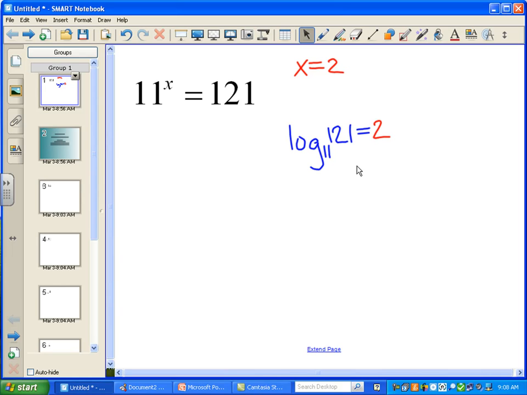And just as a refresher, remember, whenever you see log base something of something else, that just represents an exponent. In this case, the exponent is 2. So really, this logarithm is asking the question, what do I raise 11 to get 121? And the answer is 2.